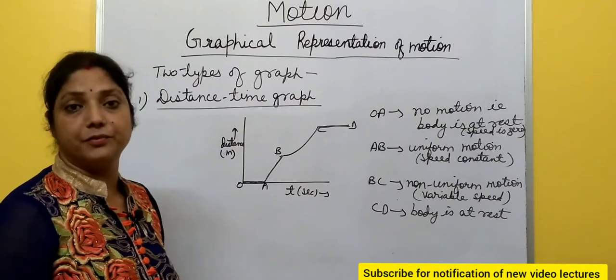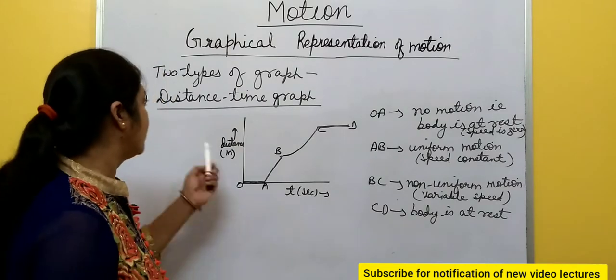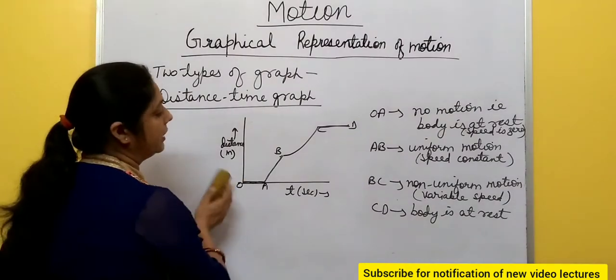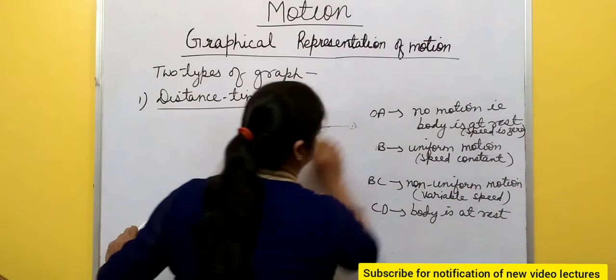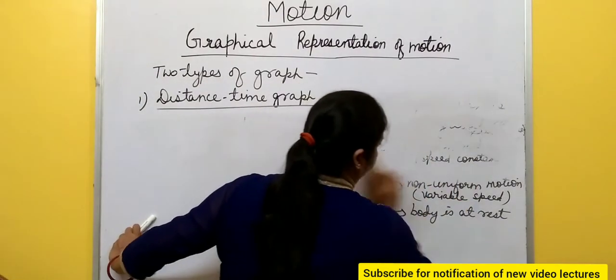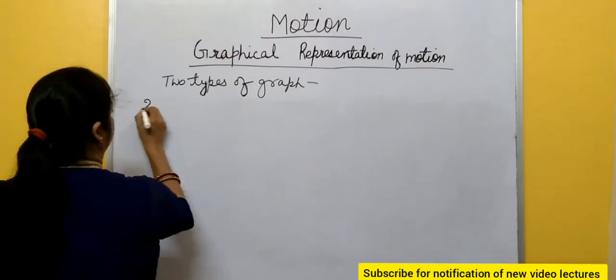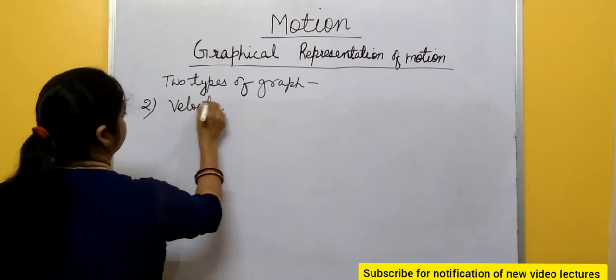Next, the second graph to represent the motion of an object is the velocity time graph. After this we are going to discuss the velocity time graph. Now, the second type of graph is the velocity time graph.